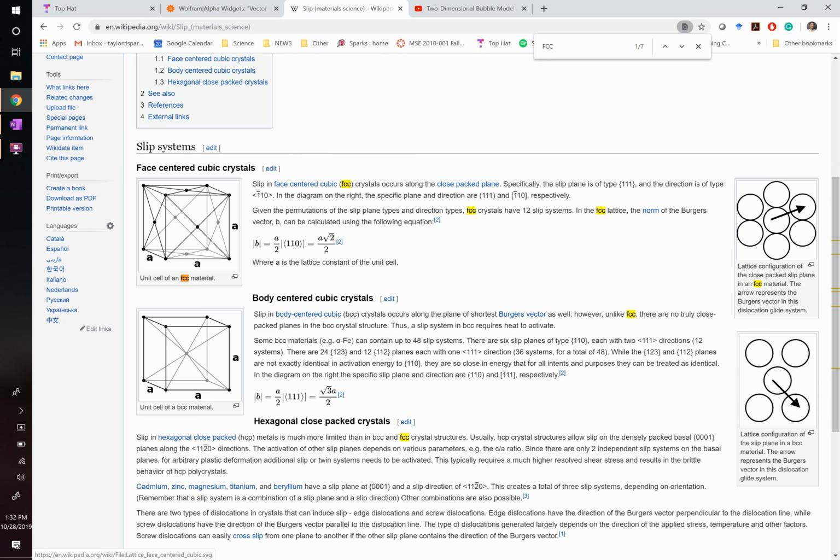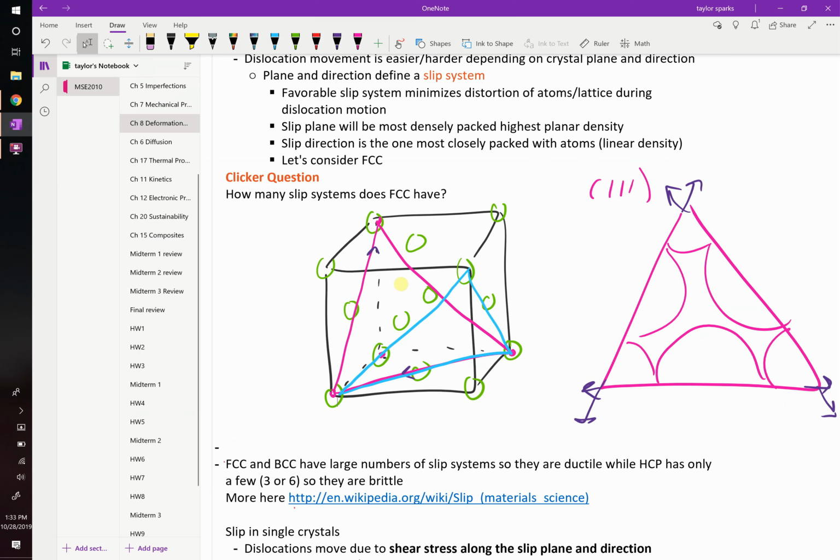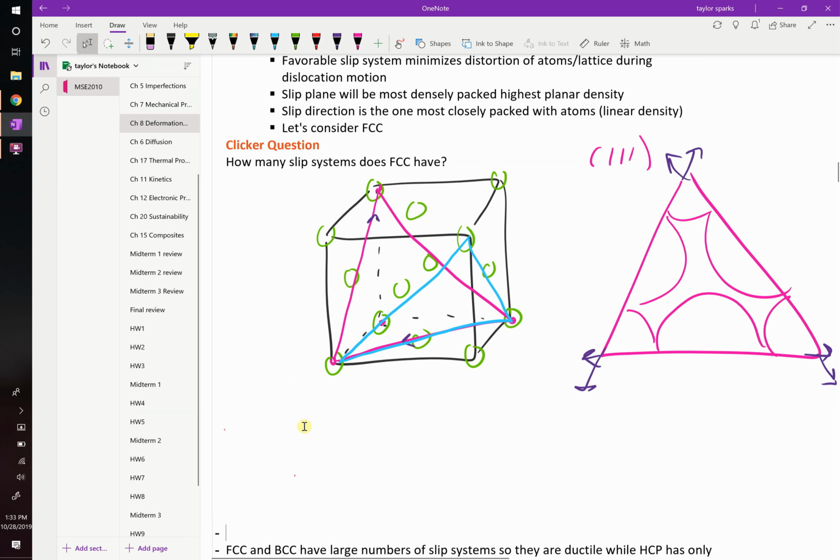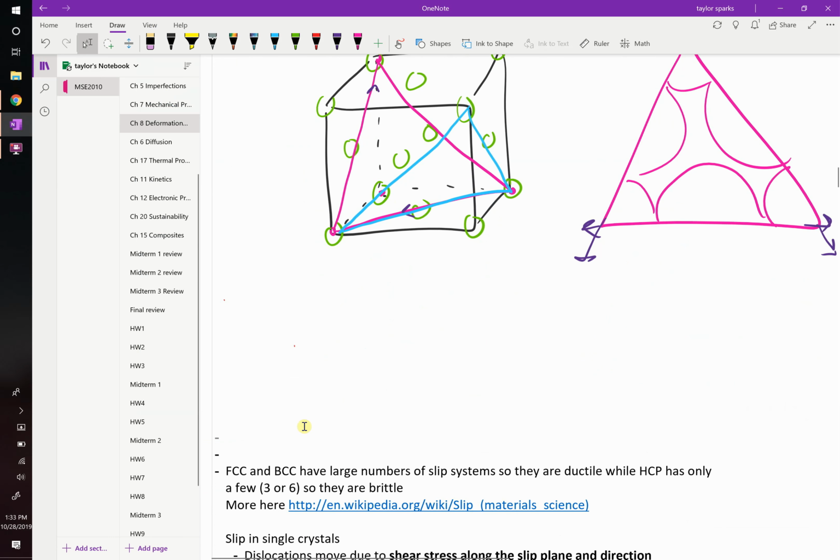HCP, hexagonal close packed, way less. It only has, I think, 6. So it's even less ductile. Even though we know HCP and FCC are structurally very similar to one another, they don't have the same mechanical properties because of the number of slip systems available. Or in other words, let's take a hexagonal lattice.